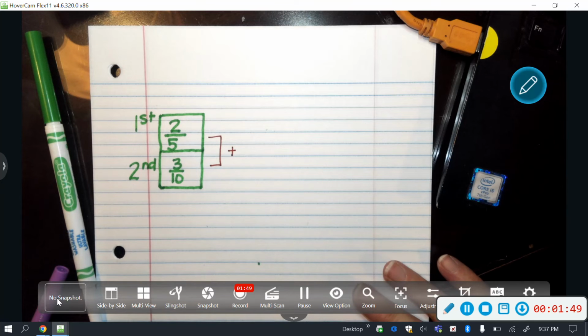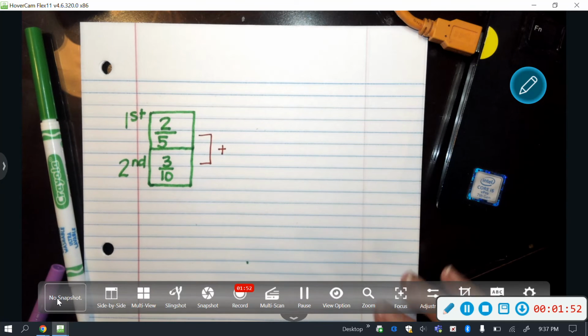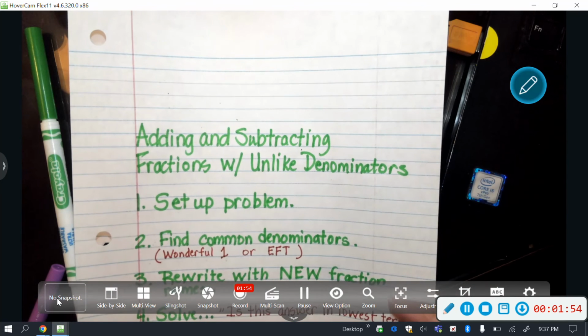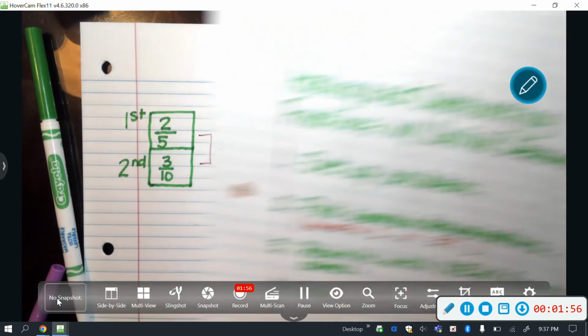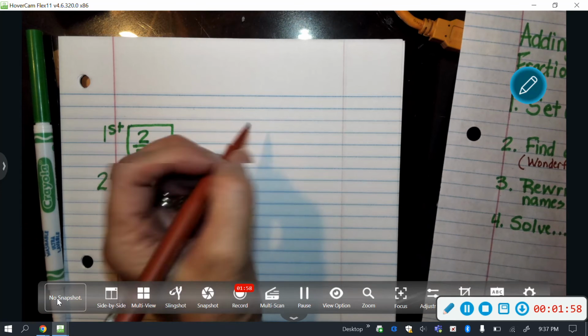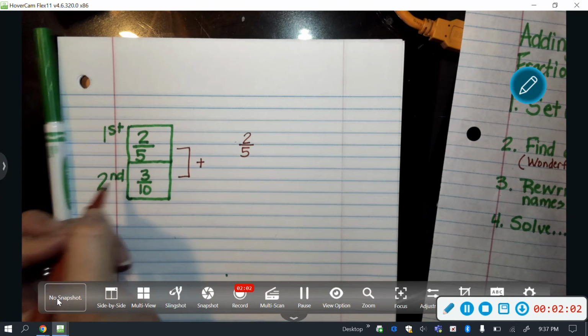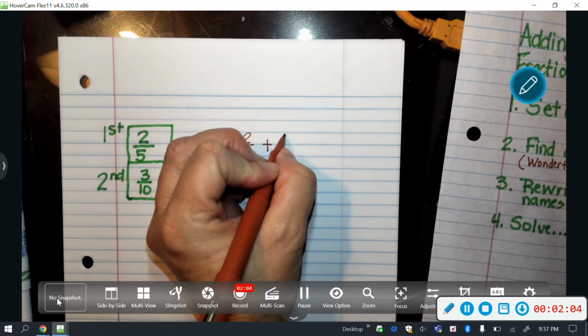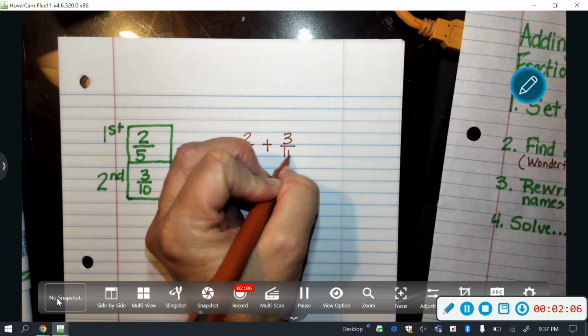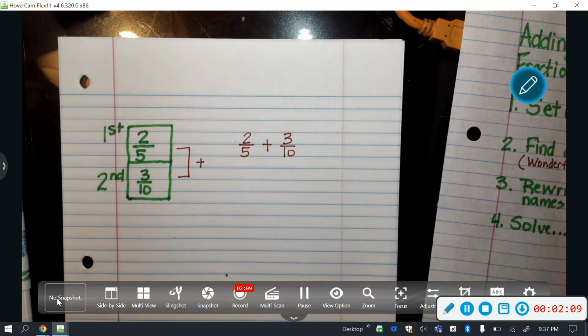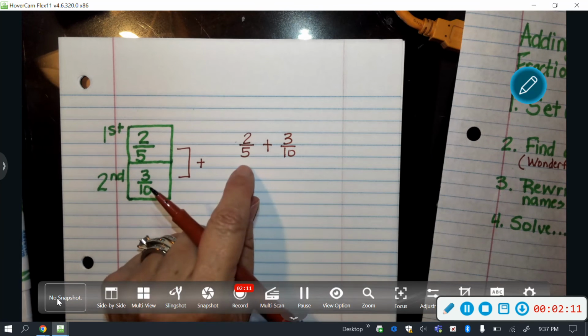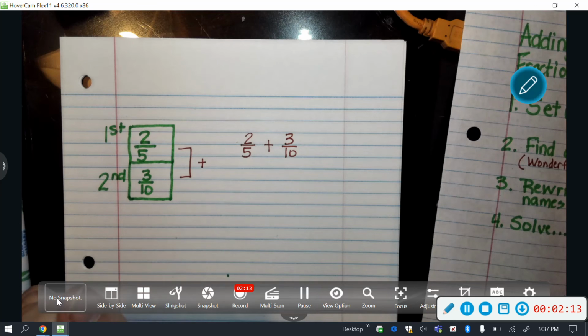So the first thing I would want to do when I'm thinking about putting fractions together is set up my problem. I'm going to set up my problem over here on the right. So we have 2/5, and we're putting that fraction together with 3/10. I notice that I do not have common denominators.